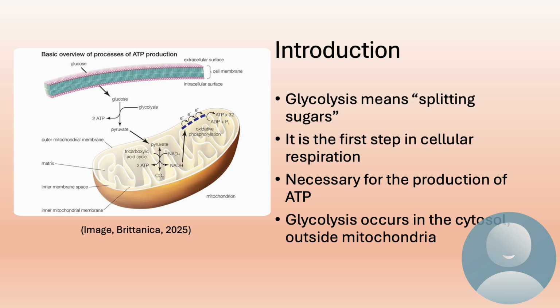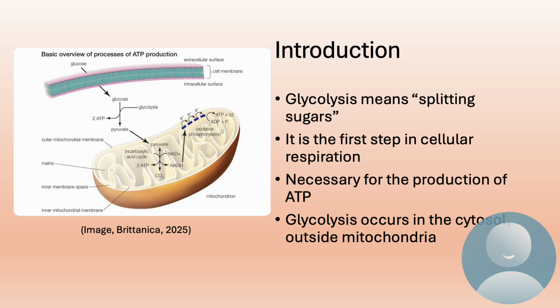Gluconeogenesis does not, however. It occurs mainly in liver cells, but a few other cell types as well, and I will go over that in more detail when I talk about gluconeogenesis. The process of glycolysis will yield 2 molecules of ATP for each molecule of glucose, which enters the cell.